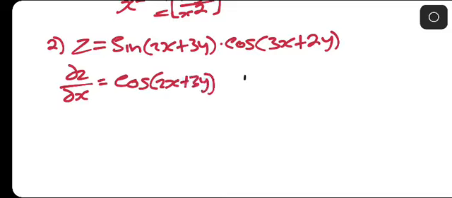Then you apply the chain rule, you come to the inside, and multiply this by 2. Remember, y we take as a constant with respect to x, so it will be the same as a constant. We multiply this by 2, then that one is simply 0, so there's no need for that.